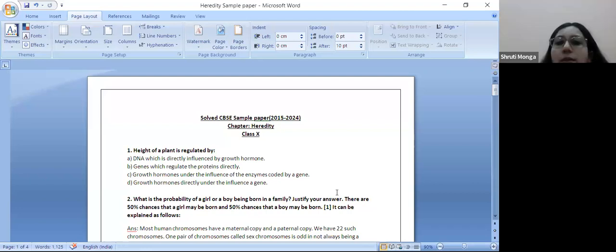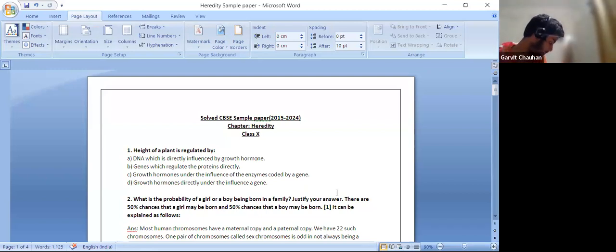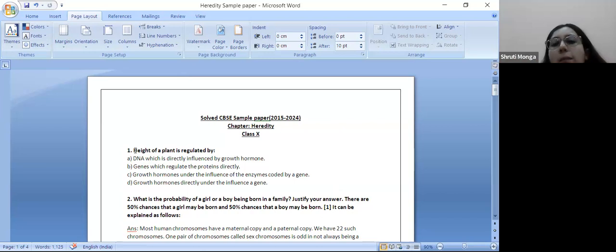Can you see the slide? Sorry, Word file. Can you see it, everybody? Yes, ma'am. See this question number 1. Height of a plant is regulated by.